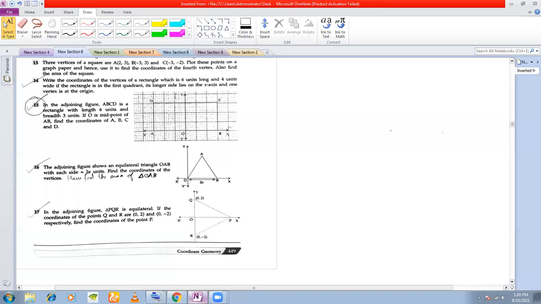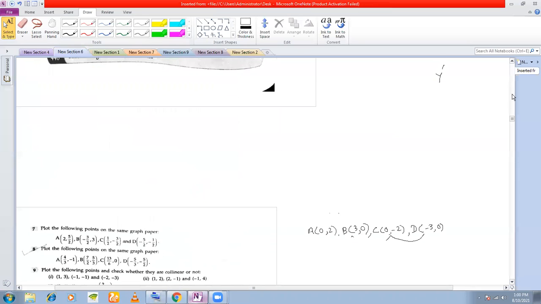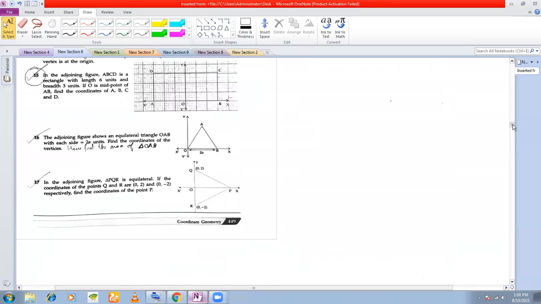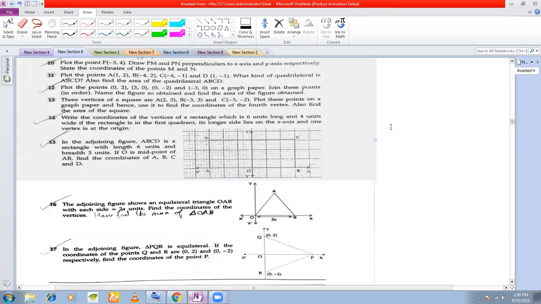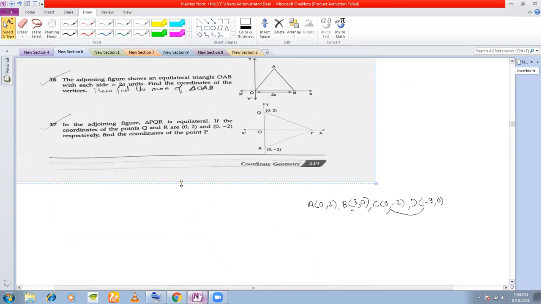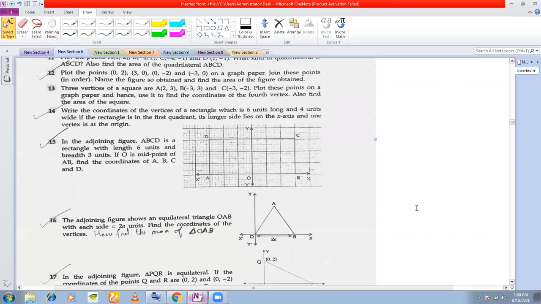Look at this figure. Let me just make it a little bigger so that you can see. Now this is visible, right? In the figure, ABCD is a rectangle.